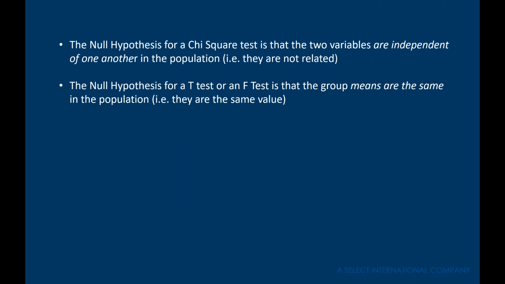For a t-test or an F-test, those look at averages, they look at means, and they look at group means. So for a t-test, they're saying the group means are the same in the population, i.e. they're the same value. So you think that reflex reaction time is in no way affected by alcohol intake. So the average reflex reaction time, that would be a null hypothesis.